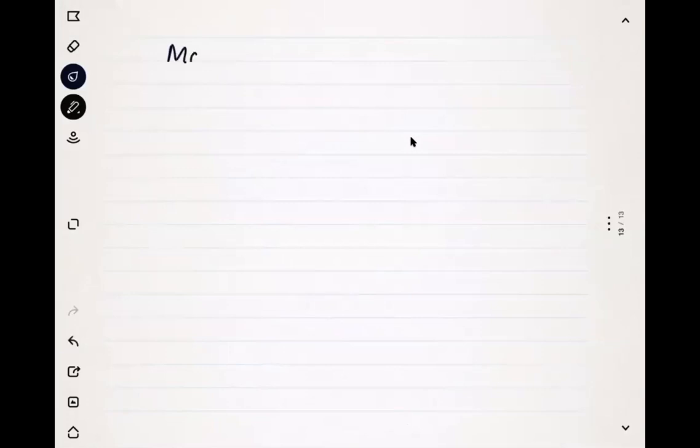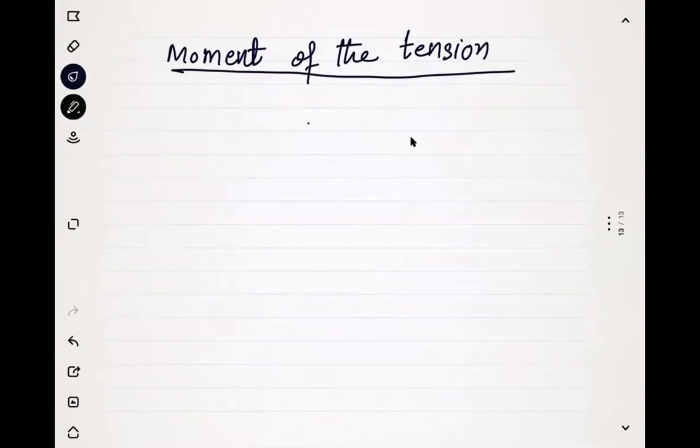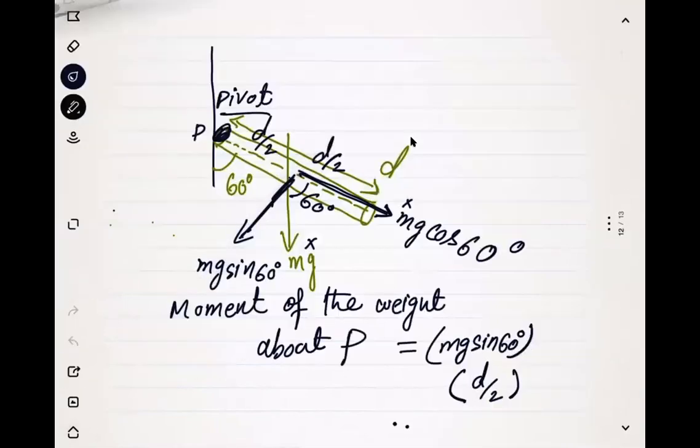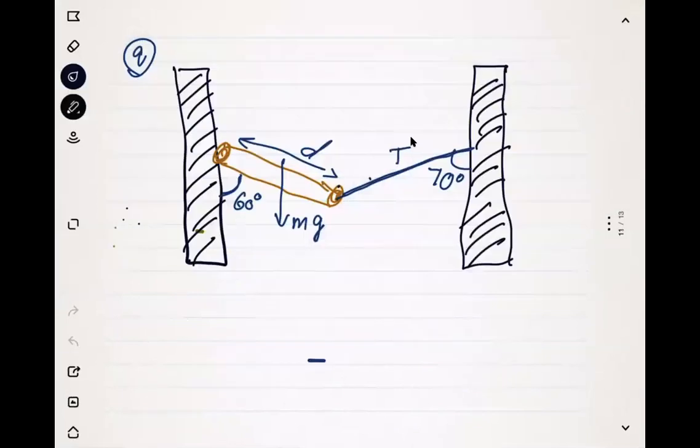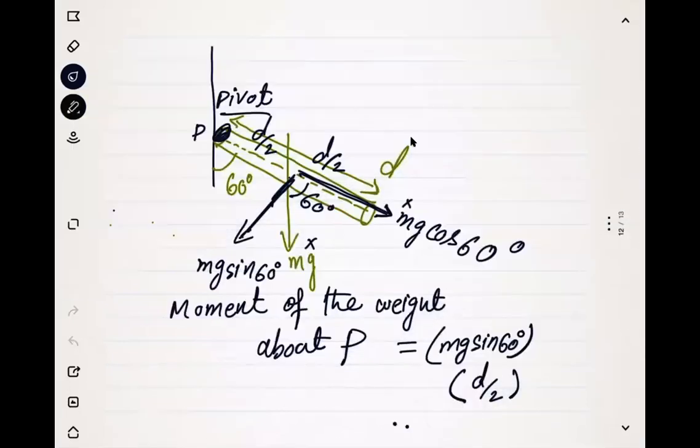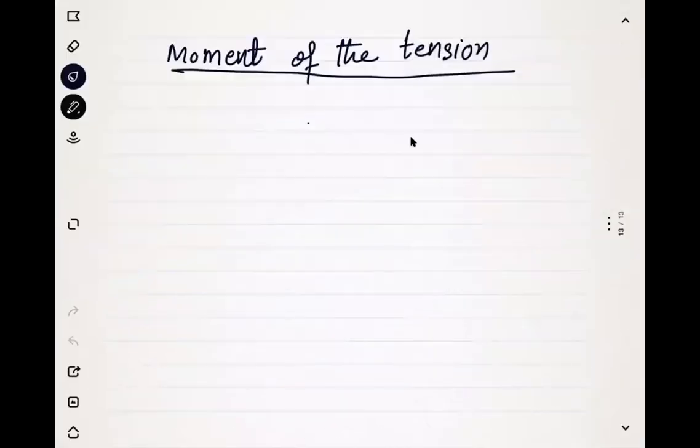Now let's go with the moment of the tension. Tension is another force acting on the rod, and it is a pull, a force that is away from the object on which it acts. Now we just represent the tension.